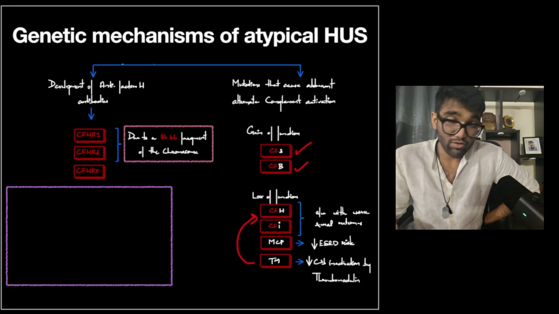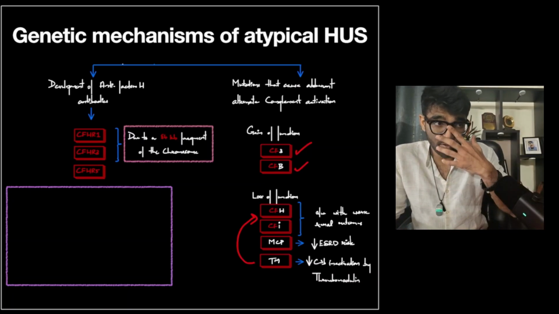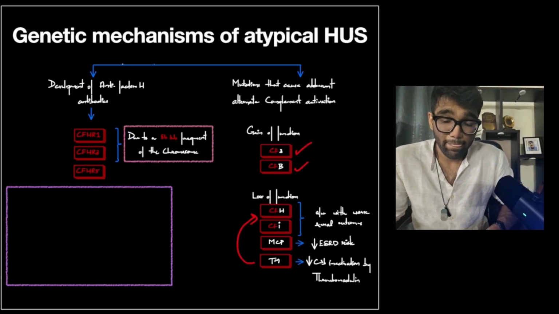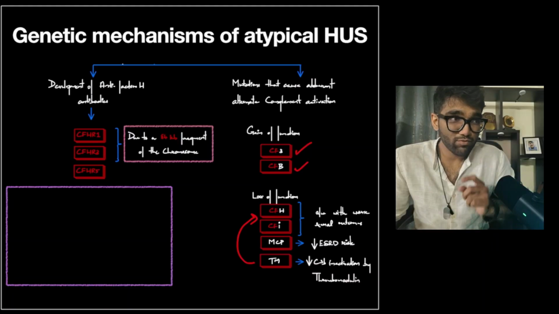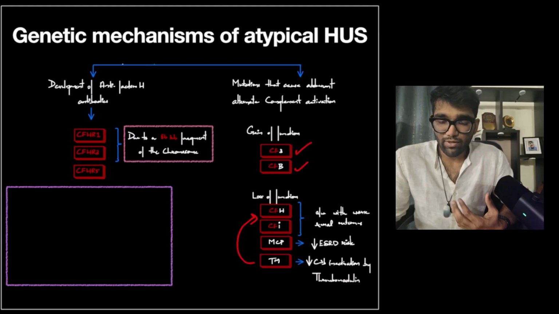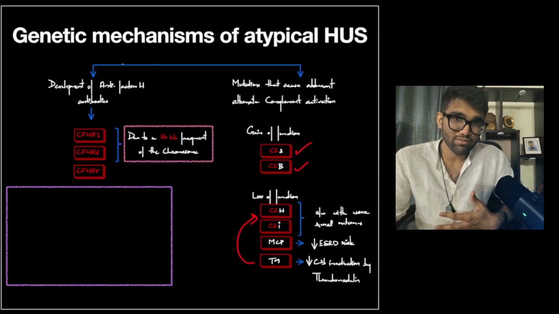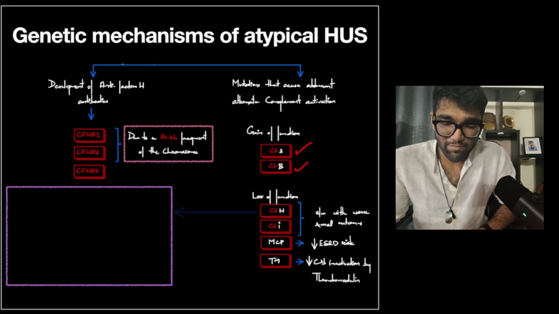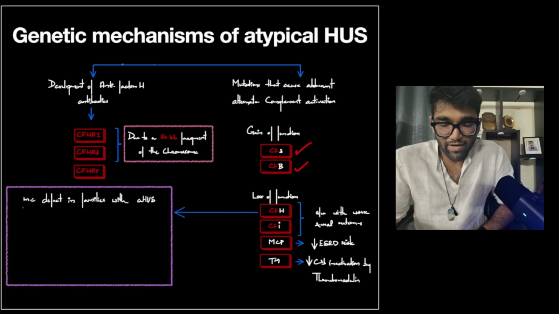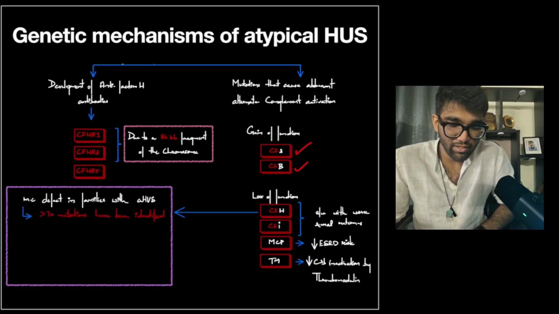Okay. Now, how I remember this is that your MCP, the actual acronym is membrane cofactor protein. Okay, but I remember it as most commonly preserved renal function. Okay, so MCP. Okay, now with complement factor H, which is the most common defect, multiple families have been identified with complement factor H mutations.